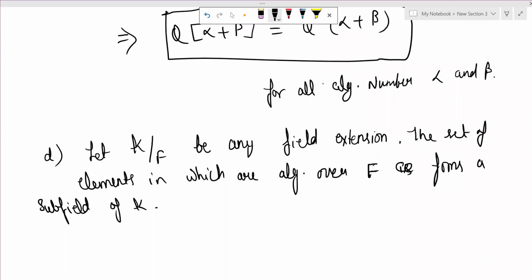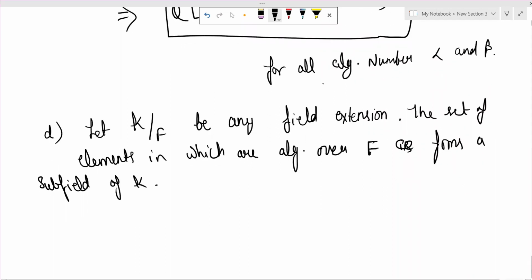Okay, how will you prove it? Justification. How will you justify yourself? Suppose K over F is any field extension, and the set of elements which are algebraic over F, let's denote this by L. It is a subfield of K. How will you prove this is a subfield of K? What do we need to prove for proving something is a subfield?